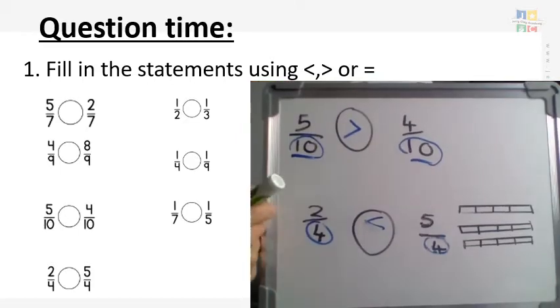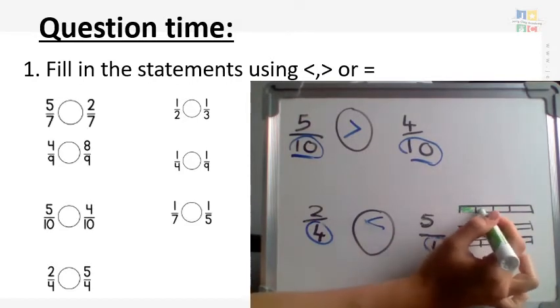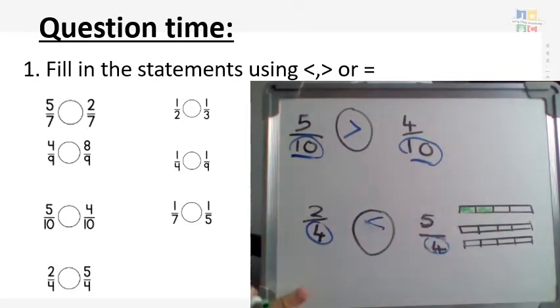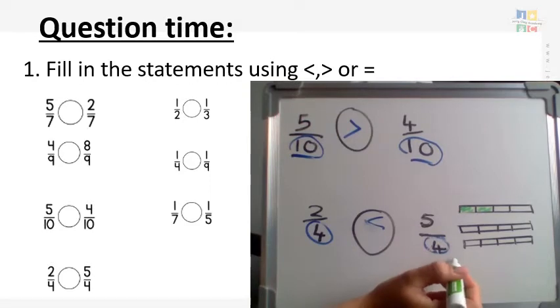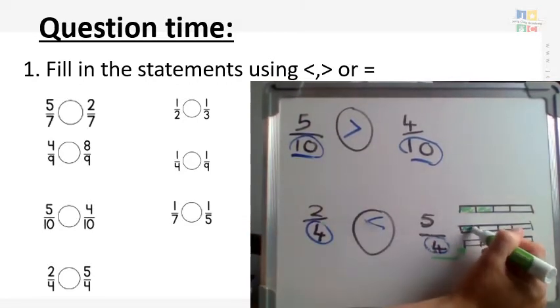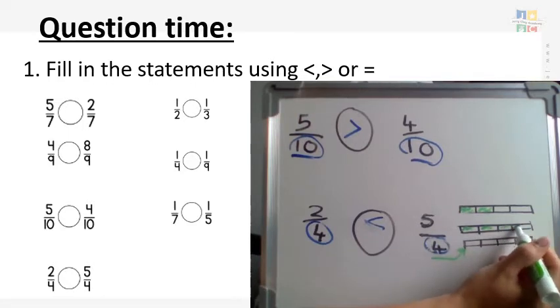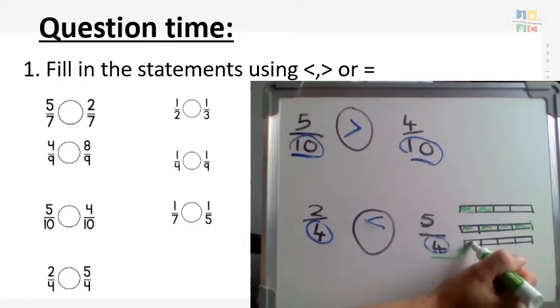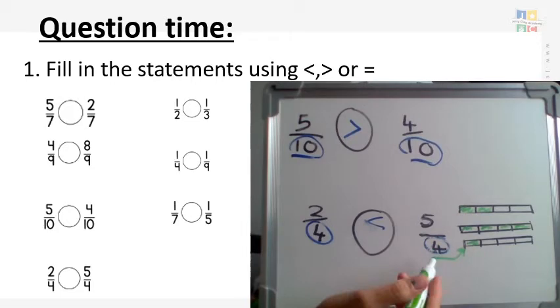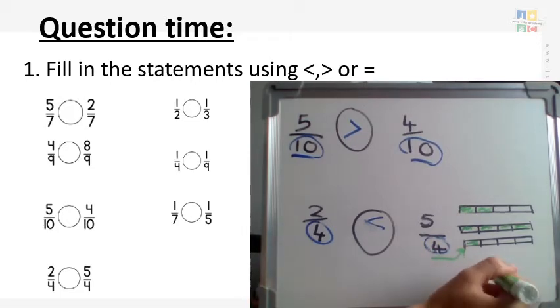If I had 2/4, I would shade in 2/4. Now if I had 5/4, remember I've still got 4 as my denominator, so I would need 4 parts, but this time I've got 1, 2, 3, 4 and 5. So I would say that 5/4 is the same as 1 whole and 1/4 left over. So we know that it will be bigger.